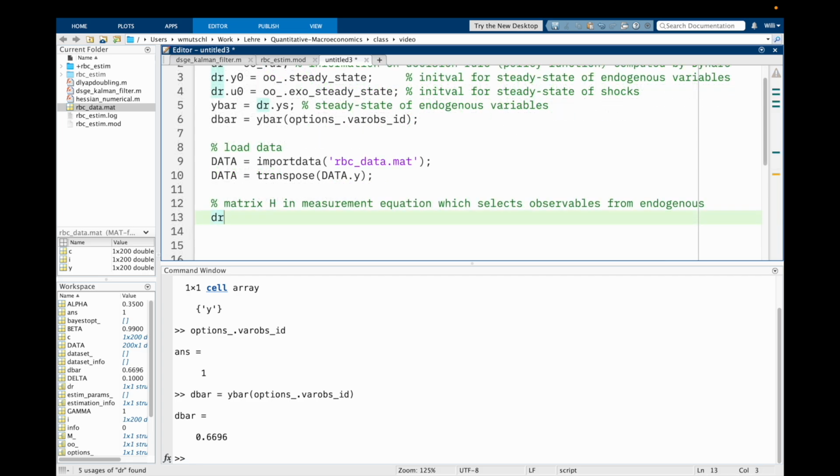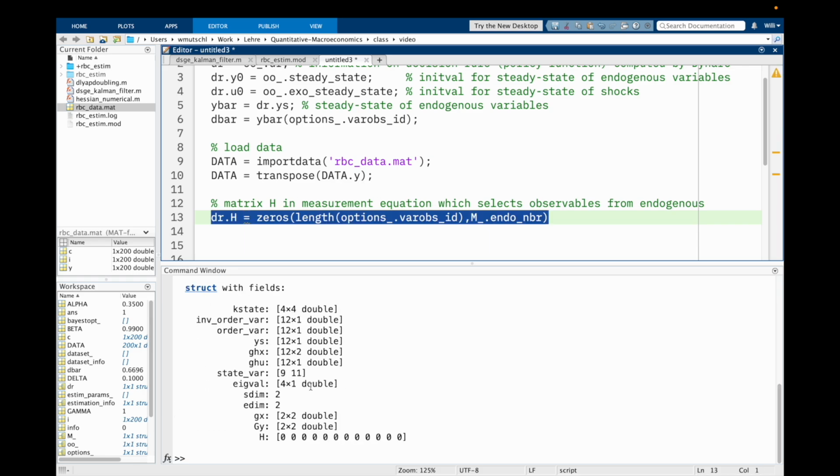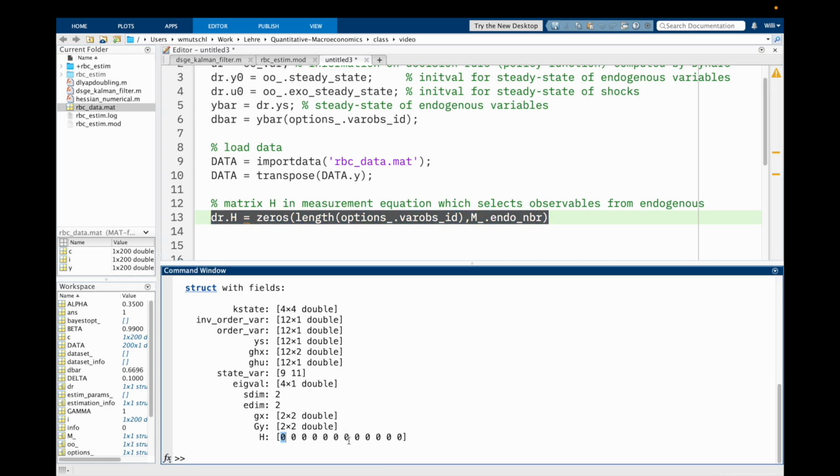So in this matrix, let me also store this in the decision rule because this does not change. Let me initialize this. This has the number of observables, so the length of options var obs id, as rows, and endogenous variables as columns. And now I want to put a 1 in the column where y is.